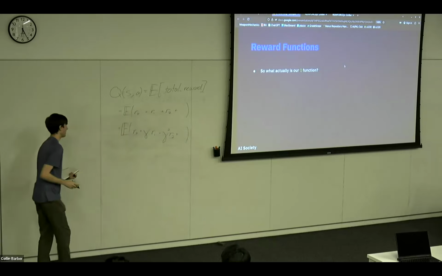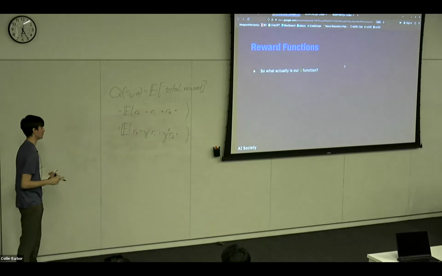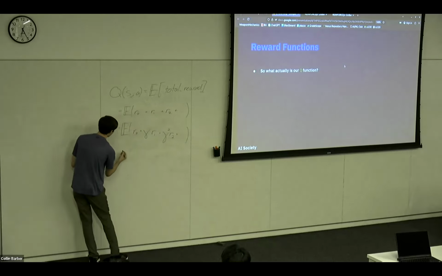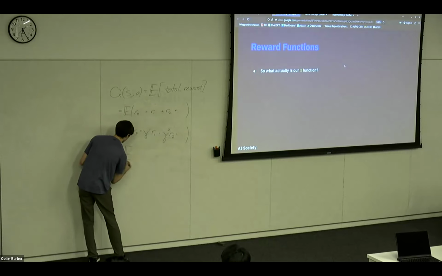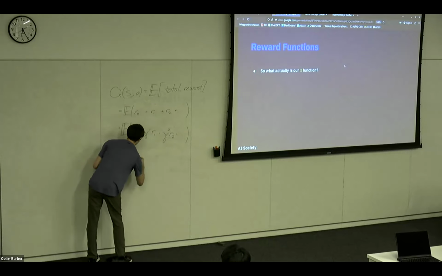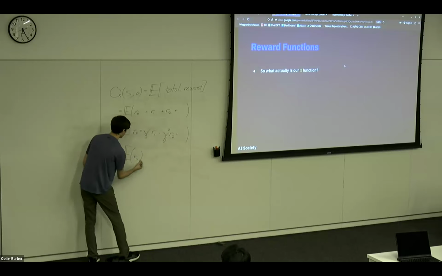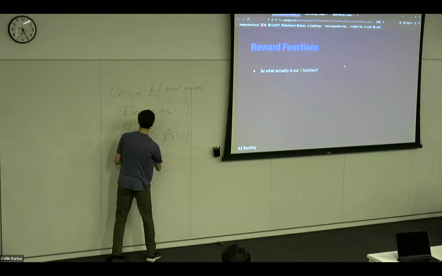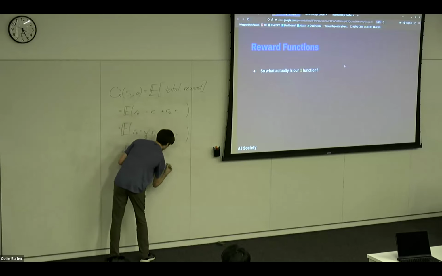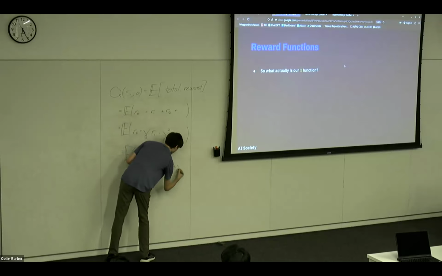Now we can actually do some math operations on this to do something useful. We can use the linearity of expectation to say that the expectation of this is equal to the expectation of our immediate reward, plus the expectation of the rest, which is gamma R1, then gamma squared R2, and so on.